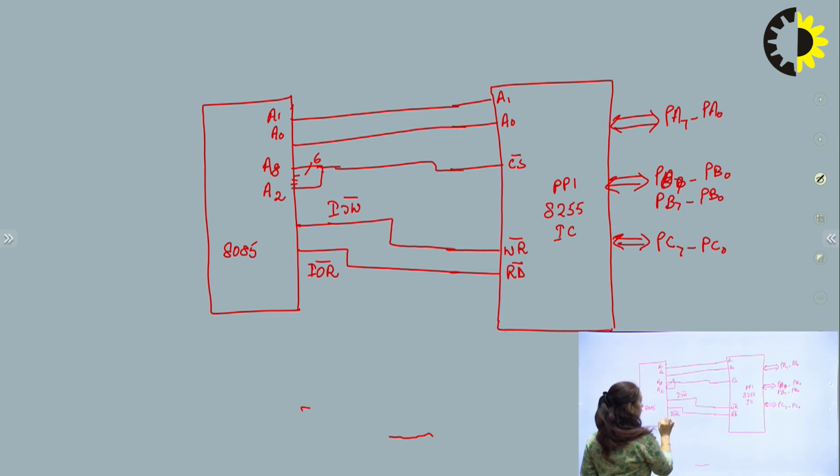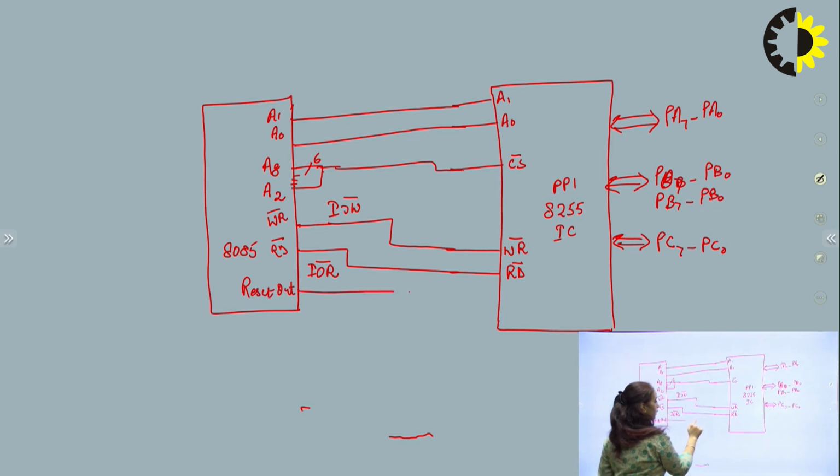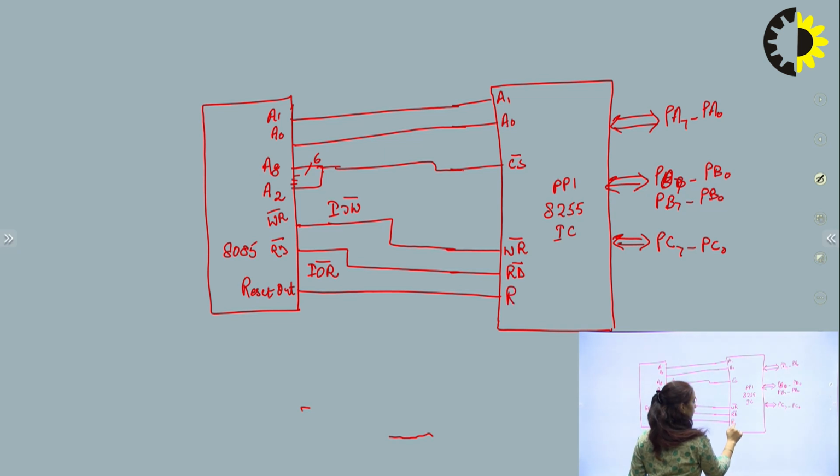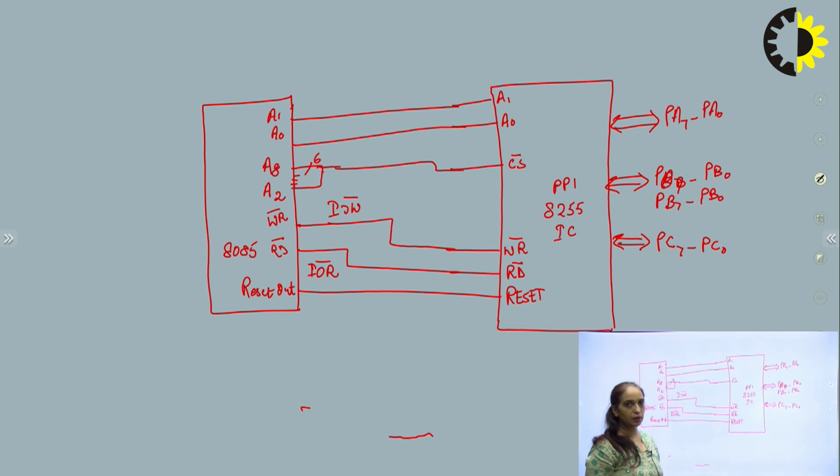And one more pin we have is reset out. Reset out of the 8085 will be connected to the reset pin of your 8255 peripheral IC.